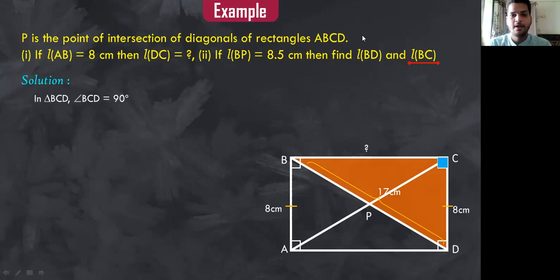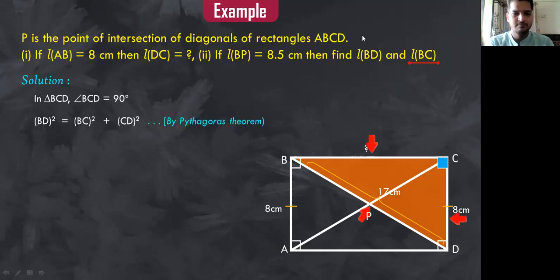Perfect. Do we know the values of two sides of that triangle? Yes, sir. We know the length of side BD and we know the length of side CD also. So using the Pythagoras theorem, we can easily find out BC. So let us use the Pythagoras theorem: hypotenuse BD square is equal to BC square plus CD square.